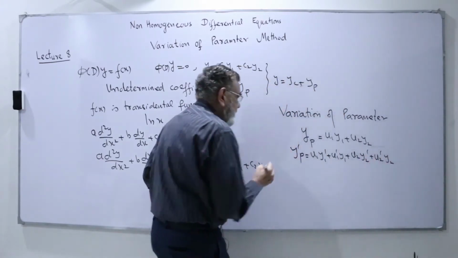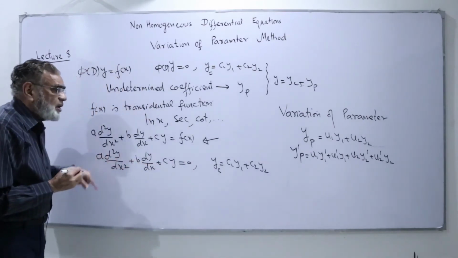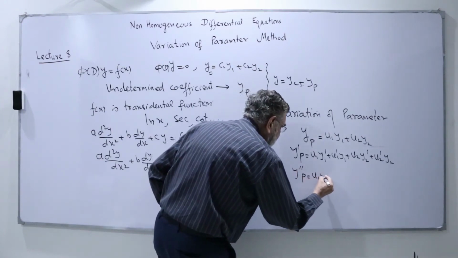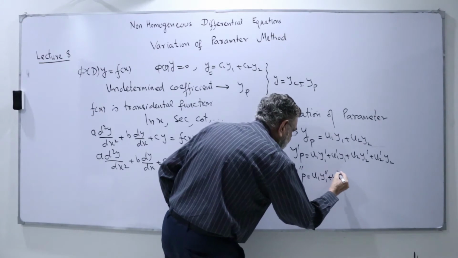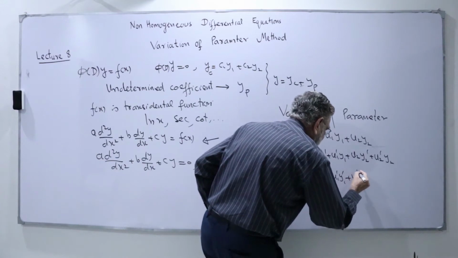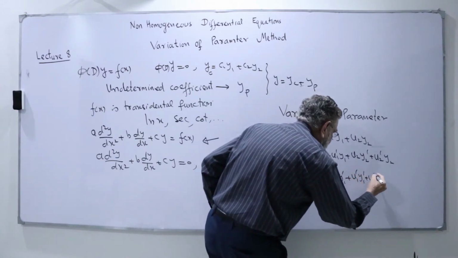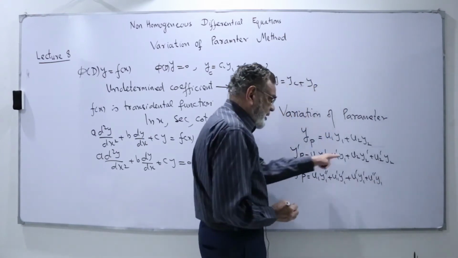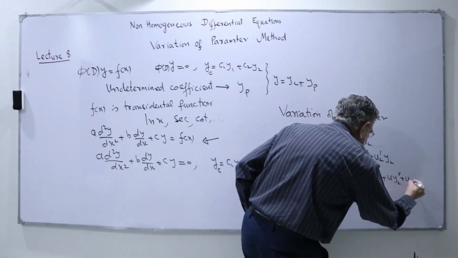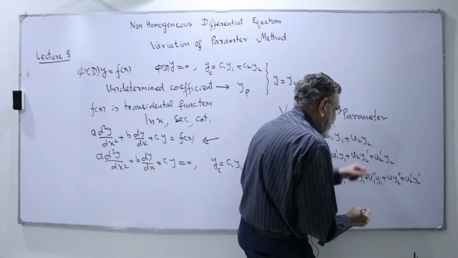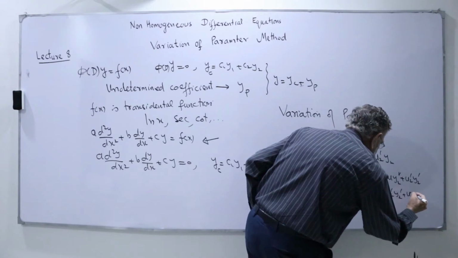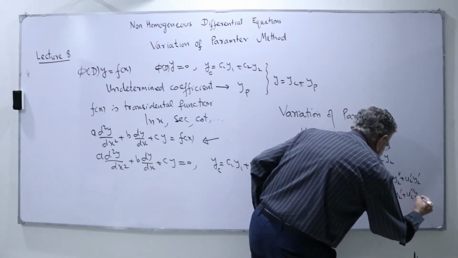We need the second derivative as well. y double dash of p is equal to u1 y1 double dash plus u1 dash y1 dash, then the derivative of the second term, u1 dash y1 dash plus u1 double dash y1. Then the third term gives u2 y2 double dash plus u2 dash y2 dash. Then the fourth term gives u2 dash y2 dash plus u2 double dash y2.